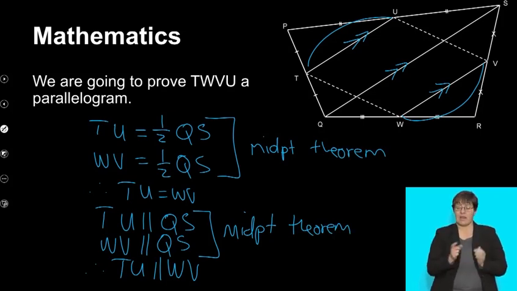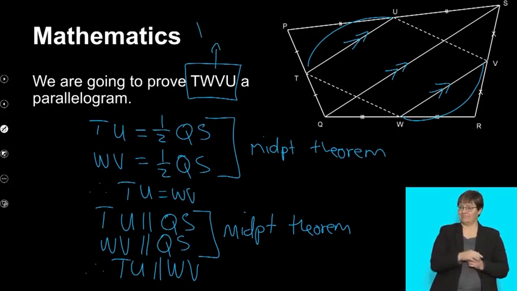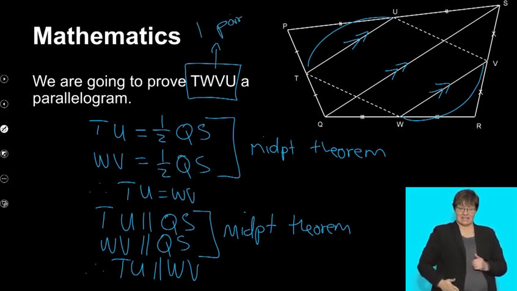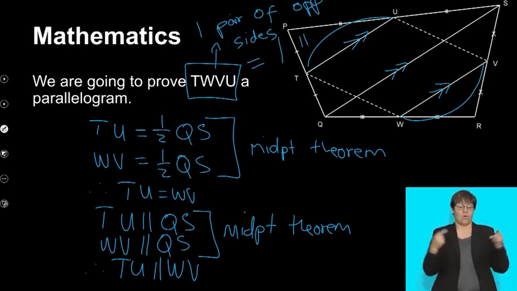And then lastly, I can claim that this is a parallelogram. And my reason for it being a parallelogram will be because one pair of opposite sides, right, are equal and they are also parallel to one another.